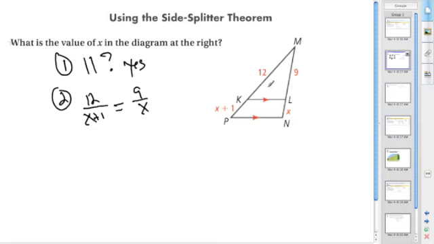So it's a shorter way only because we have parallel lines. So when you cross multiply, it's 12x equals 9x plus 9, and then therefore we have 3x equals 9, x equals 3. So use parallel lines to your advantage.